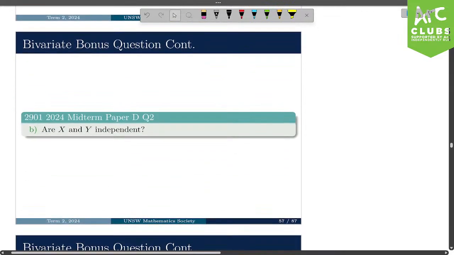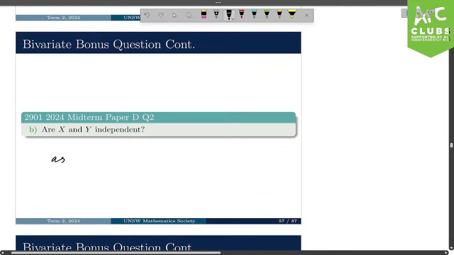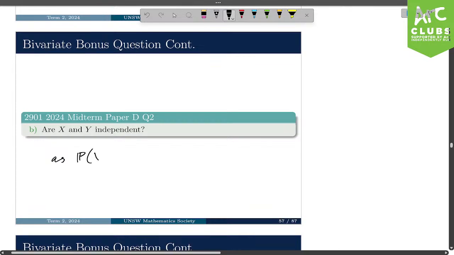Independence is a for all statement. We have multiplication being very happy. So we pretty much just say here, let me just jump to my notes, the probability of x being greater than 0.99, as well as y being greater than 0.99, so I'm going to put an intersection here.